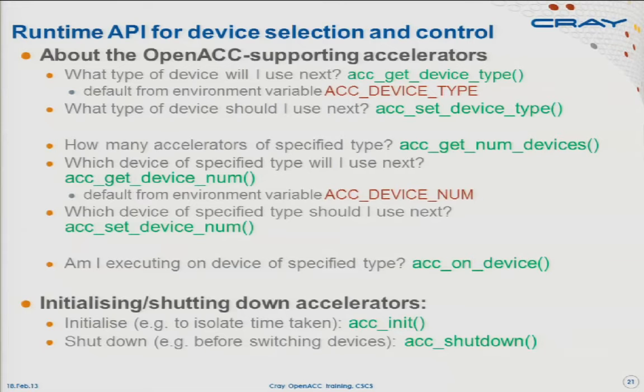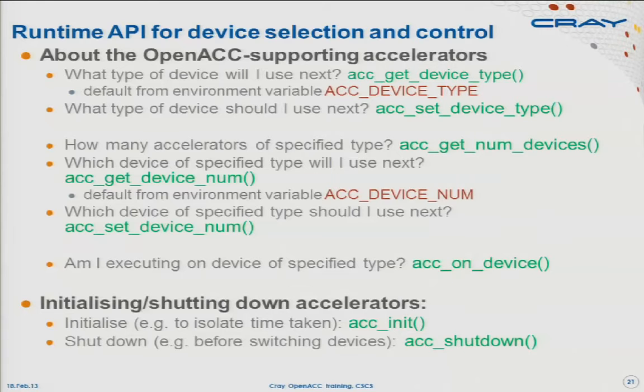And I better get that device ready to use, or I can shut down that device because I don't want to use it anymore. This is kind of, you've got some sort of cluster where you've tacked on a number of different GPUs of different types onto your system, and you're going to try and manage to use OpenACC running on all of these different ones.